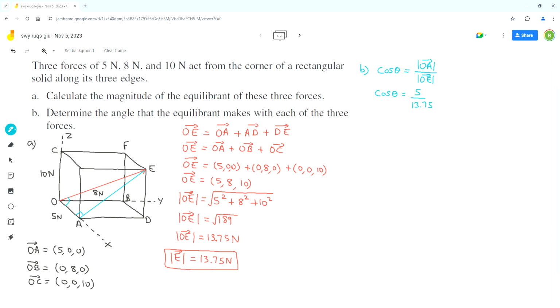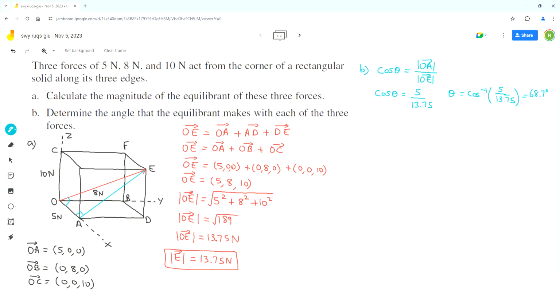Now we can do the inverse of cos. Now we can evaluate this cos inverse. So I got almost 68.7 degrees. So this is the angle between the 5 Newton force acting along vector OA and the resultant.